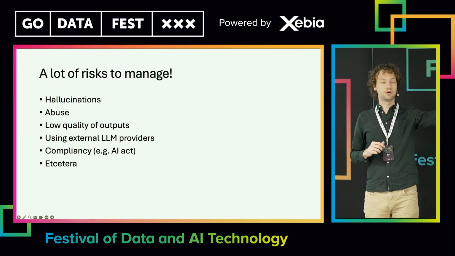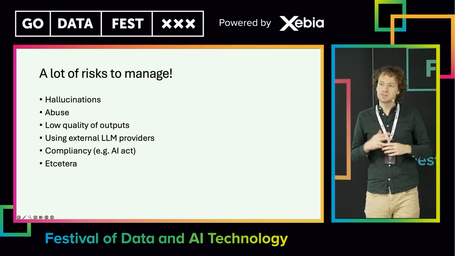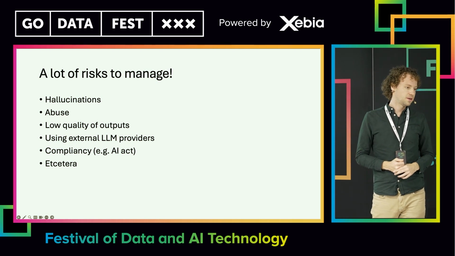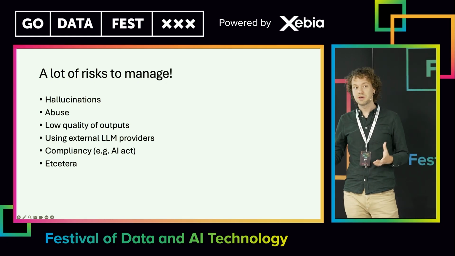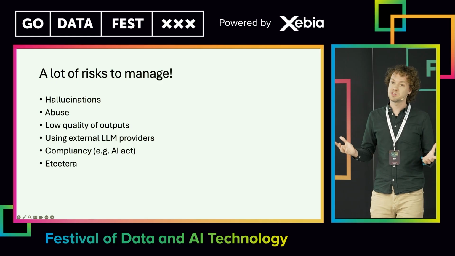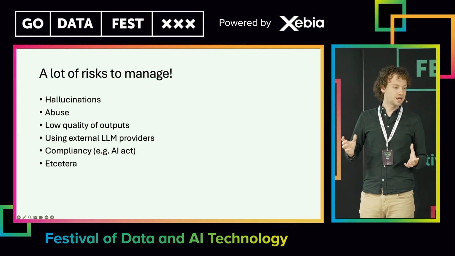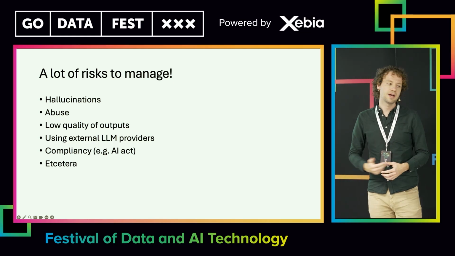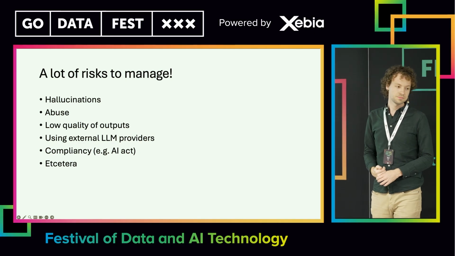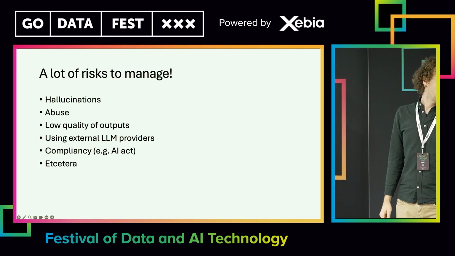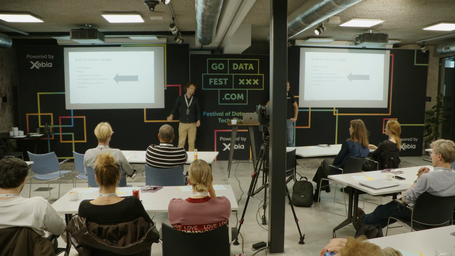So you send your prompt somewhere abroad, or to another company, or to another solution, and this also creates a risk. We also have compliance, for example, with the AI Act. You cannot use AI or large language models for every use case you have in mind. So it's always good to check, does this comply with the AI Act? And there are a lot of other risks to take into account. Today, we're going to focus on this one, using external large language model providers.